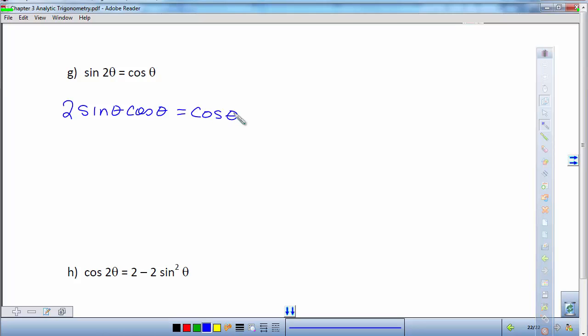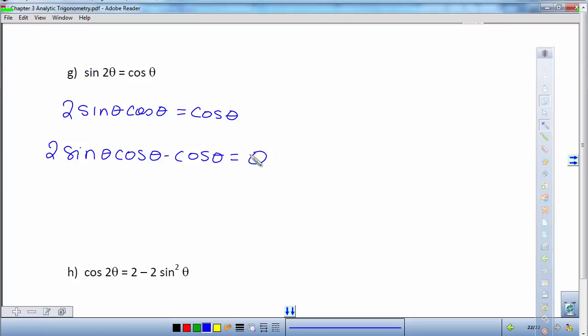So as much as possible, we try to avoid dividing by variables or variable terms. So instead, I'm going to bring that cosine theta to the other side. Okay, subtract cosine theta from both sides.